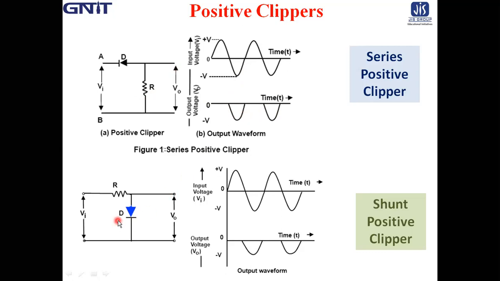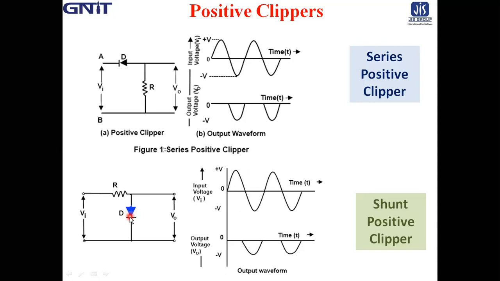Now, the second circuit is the shunt positive clipper circuit, in which the diode is connected as a shunt or parallel between the source and load. During positive half cycle of input voltage, the diode is forward biased and acts like a closed switch.